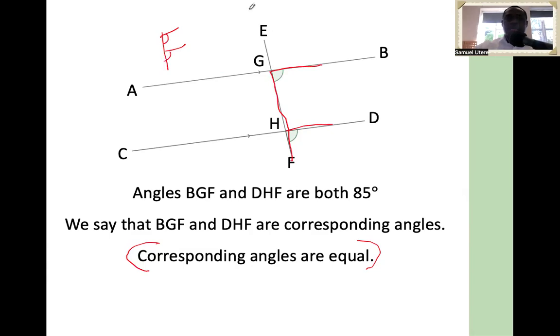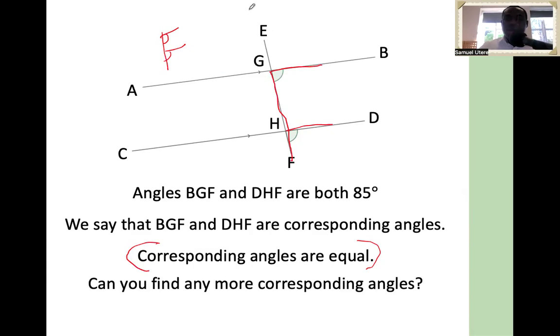Okay? So we say corresponding angles are equal. So note the ones we call corresponding and note the ones we call alternate angles. I'm sure you would have found some other corresponding angles within this shape. Sometimes the orientation could be different. It could be upside down.